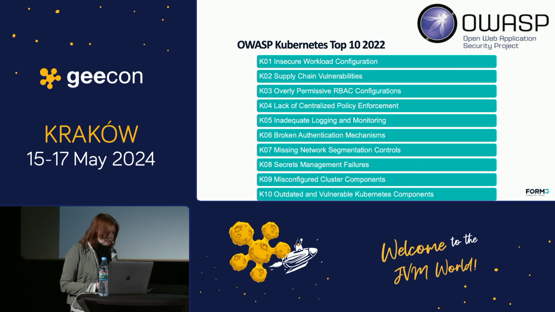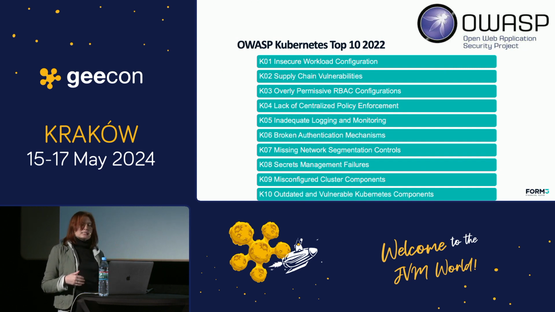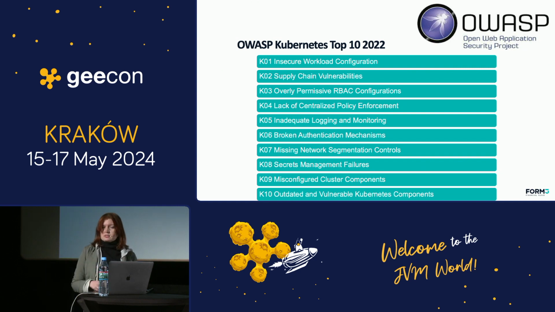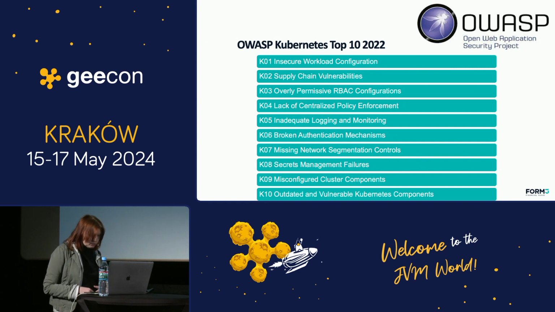They started years ago with publishing the web top 10 risks. Since that time, they started publishing security risk lists for various technologies. And only 2 years ago, in 2022, they published the security risks for Kubernetes for the very first time.